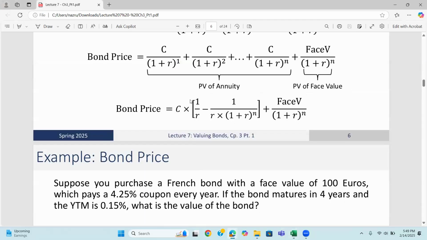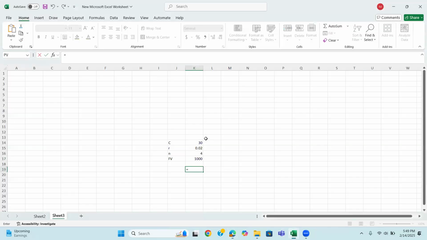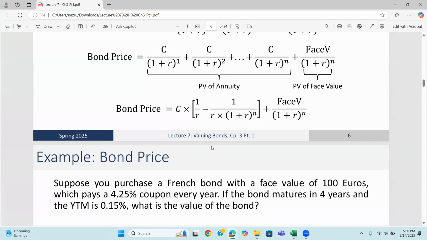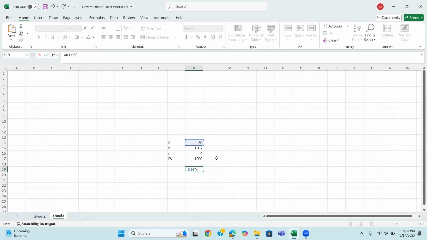Let's try. Okay, so the first one is C. Our C is 30 here. Then we multiply it. So let's give a bracket, 1 by R. So 1 divided by our R, which is 0.02.